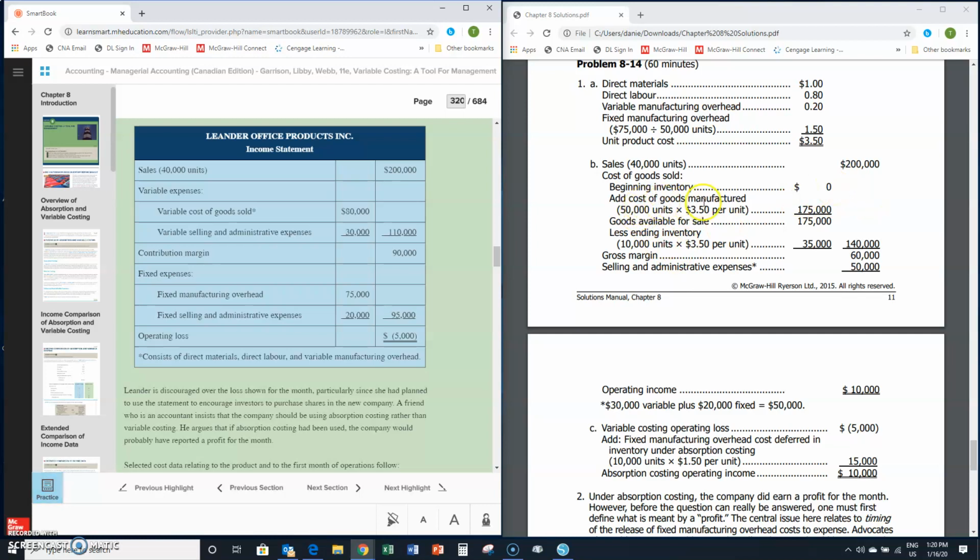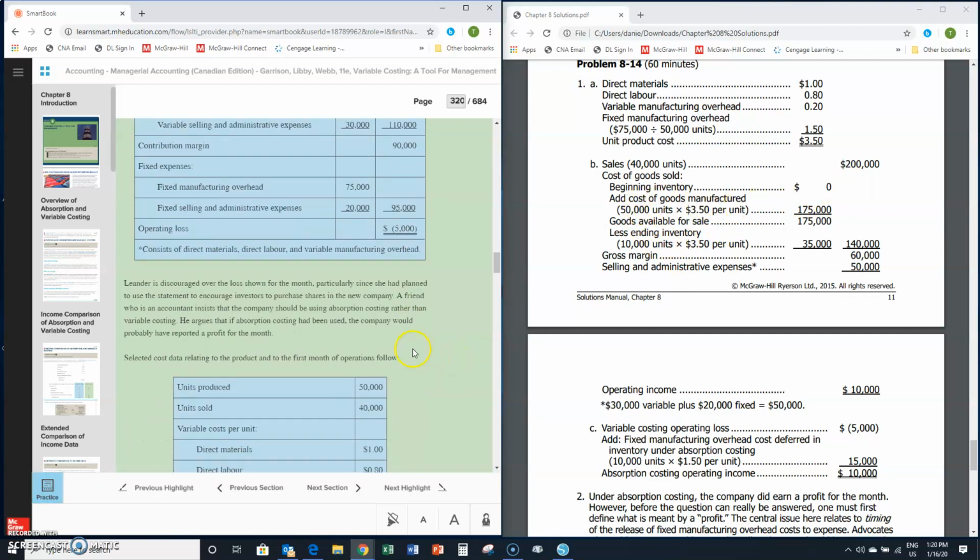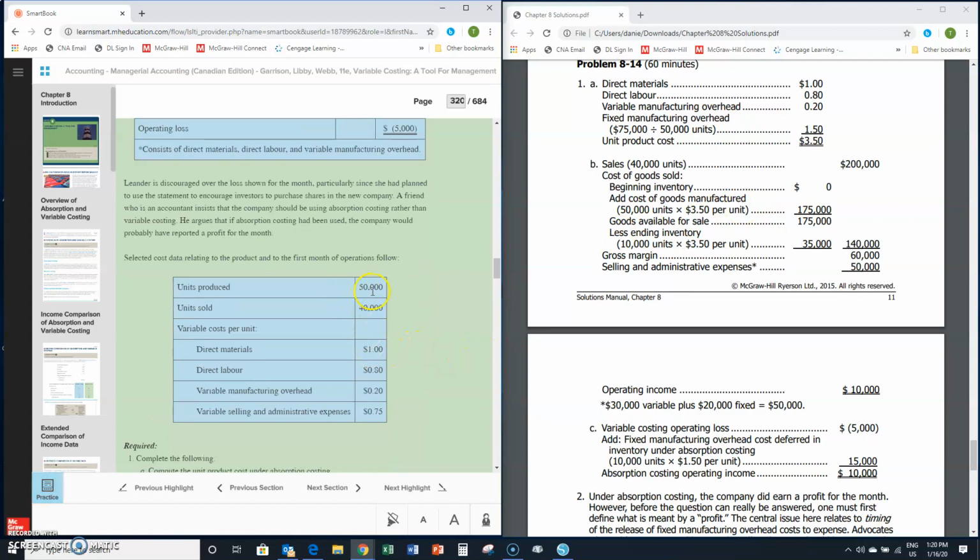Add cost of goods manufactured. We know that there were 50,000 units produced, and in part A we worked out the unit product cost. So it's 50,000 units times $3.50 per unit, which gives us 175,000. So that's the goods available for sale: your beginning inventory plus what was produced.